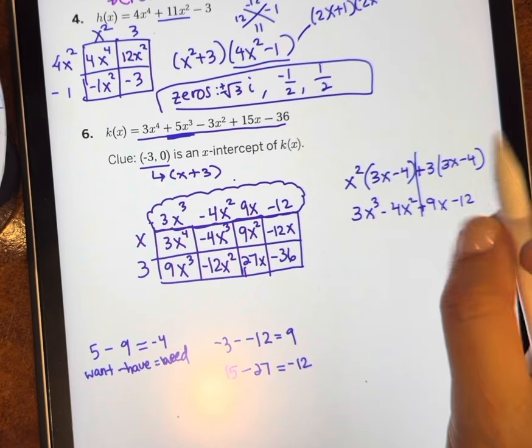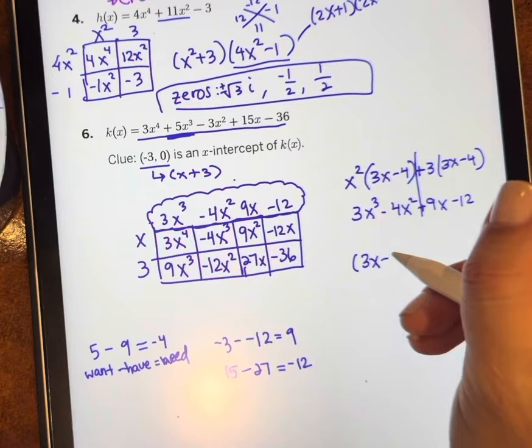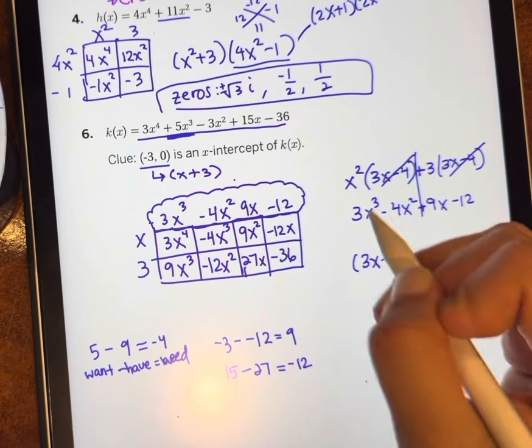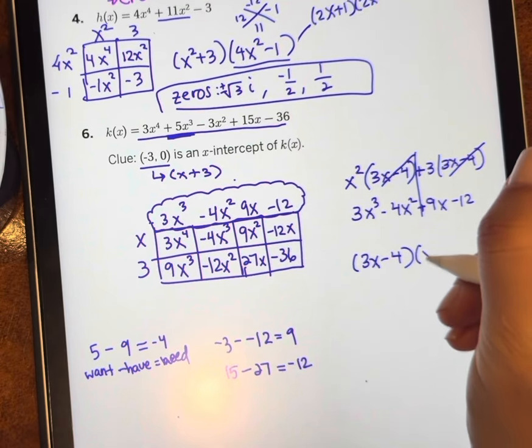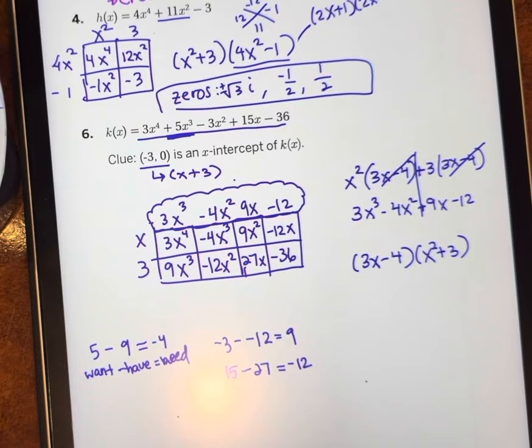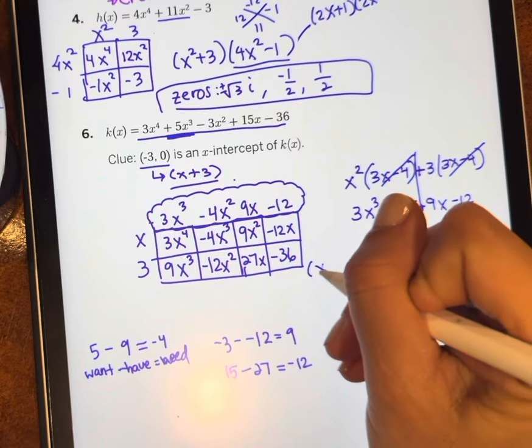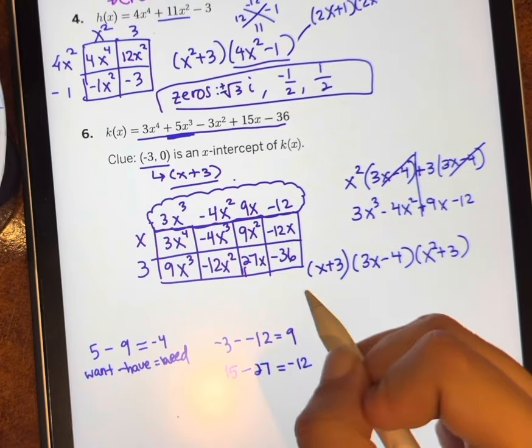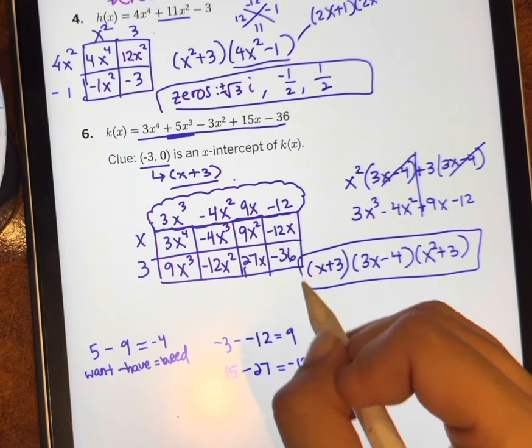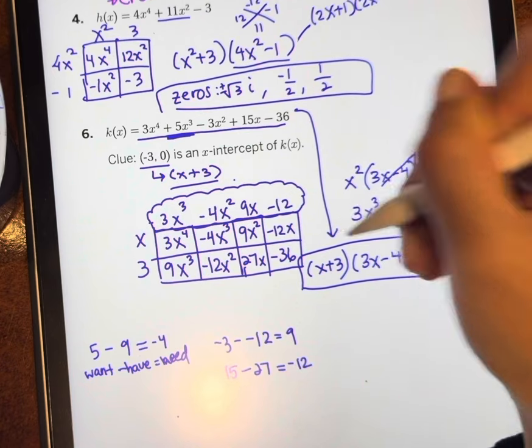And then if I take the 3x minus 4 that they have in common out, I'm left with x squared plus 3. And pair that up with the x plus 3 that was originally given, and we can find this right here is this thing factored all the way.